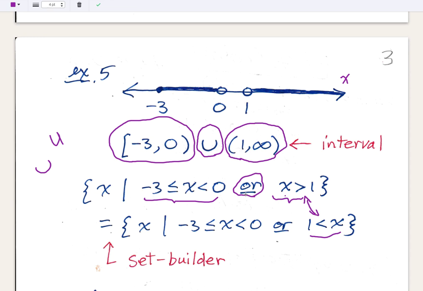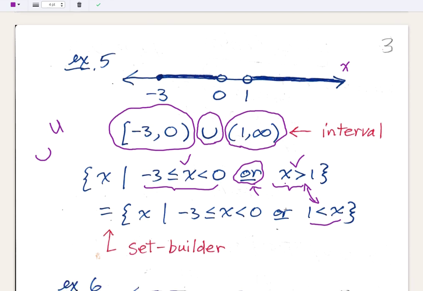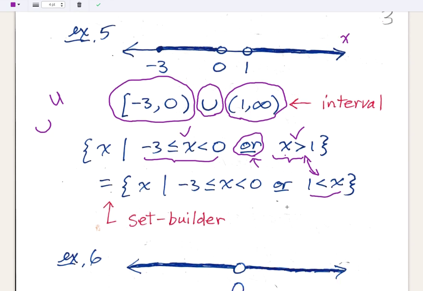If I had and there, we would have the empty set, because there are no values of x that satisfy this condition and satisfy this condition. I hope that makes sense to you. So let's think of this in terms of logic here. It's a set of all x that satisfy this condition or satisfy this condition, or in some cases, possibly both. That certainly can't hold in this case, though.